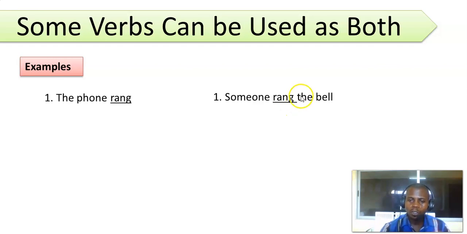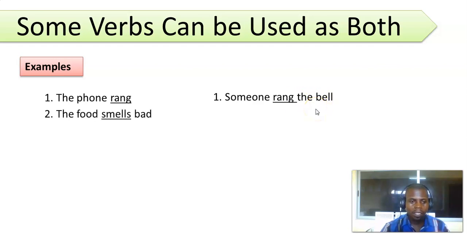So the bell answers that question. When you want to test whether a verb is transitive or intransitive, you need to put it in a sentence and find out whether it can sufficiently convey the meaning, the action, without an object.